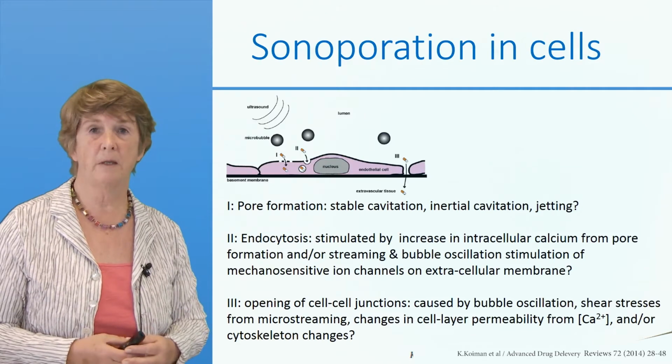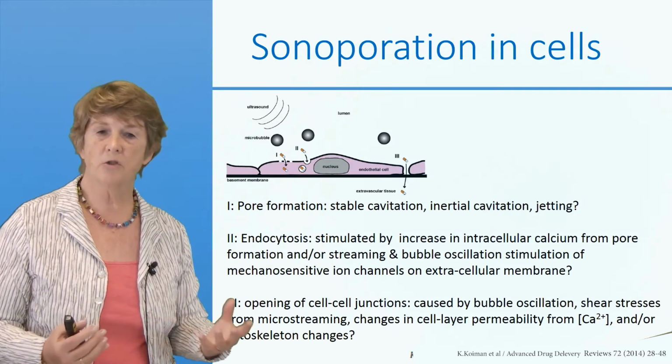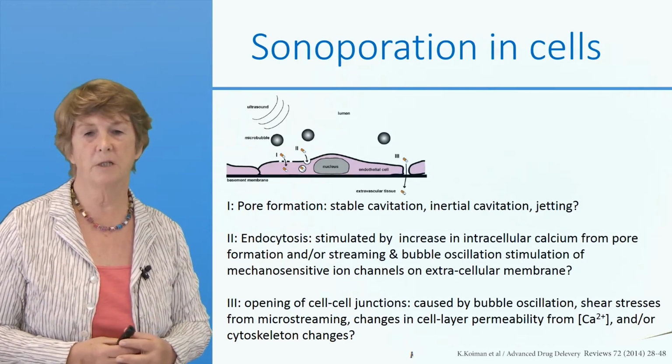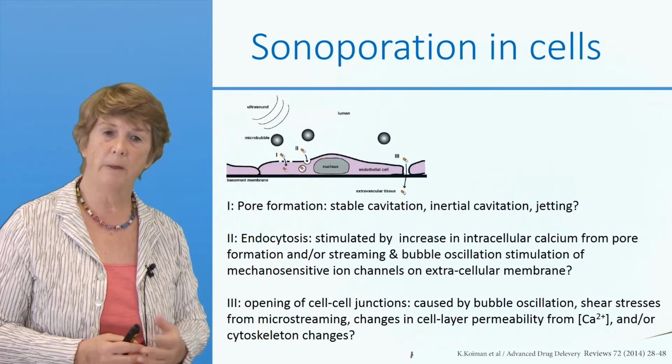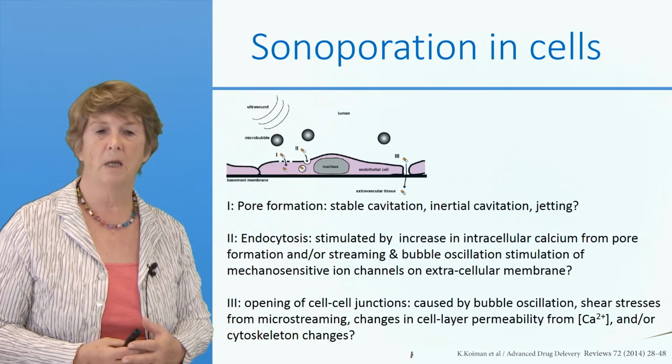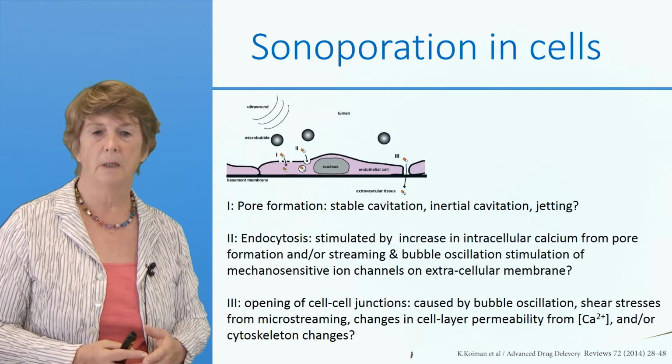Endocytosis is stimulated by the increase in intracellular calcium from pore formation and by the streaming and bubble oscillation stimulation of the mechanosensitive ion channels on the extracellular membranes. This is all hypothesis and still needs to be verified properly.